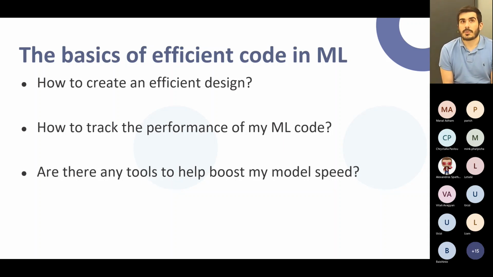So the second is how can I track the performance of my code? So there are tools that can be used to track your time, memory, or pinpoint which part of your program takes the most time to execute.